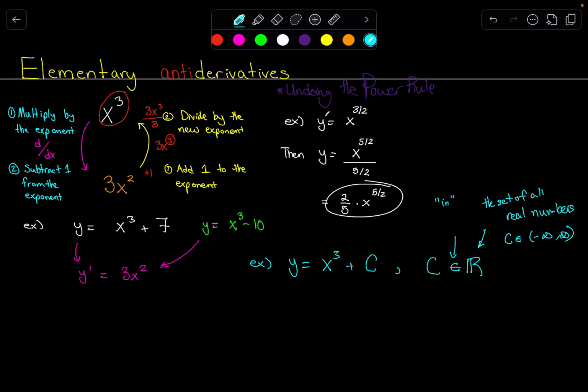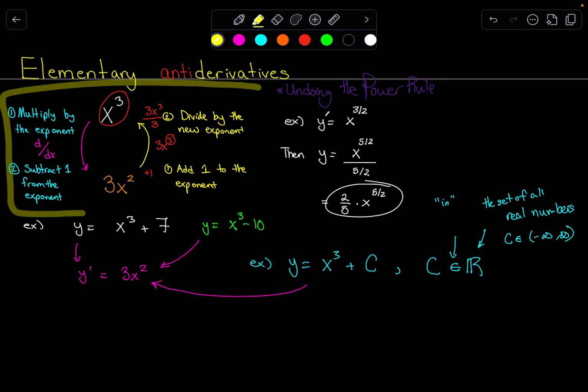But the point is that if I give you this function, the derivative of it is still going to be 3x squared. And so in this process that we were doing before, where we were saying, okay, we know how to take a derivative, how do you go backwards? And we got to the point x cubed. Technically, the more general answer is that this function that we came from, right?